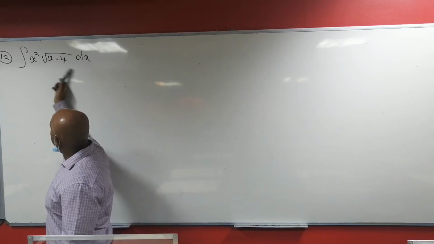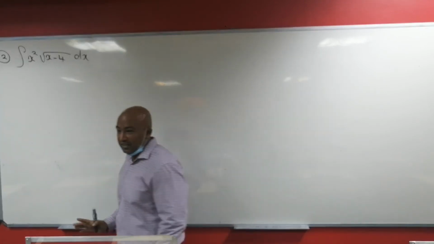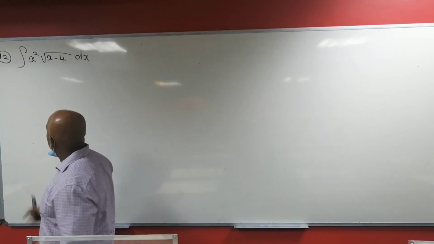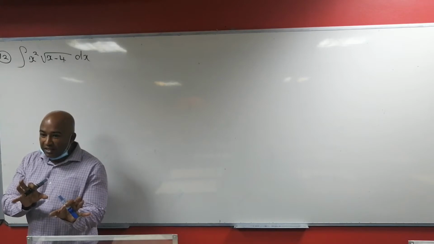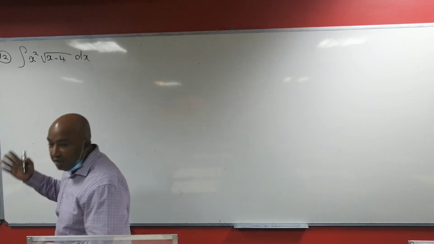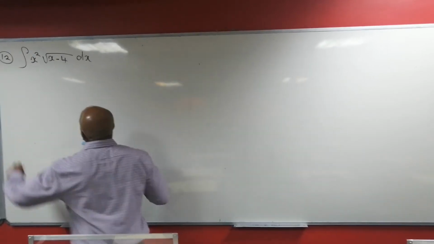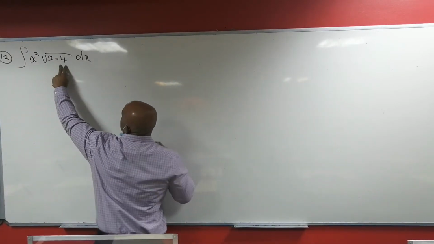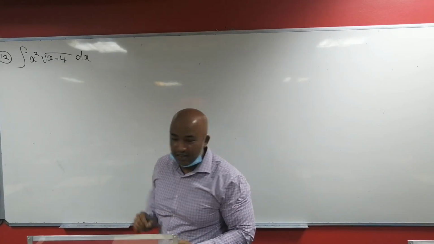So here you can see again, there's no exact derivative here. Although it's multiplication, one is not an exact derivative of the other. So you can't do it by inspection. So we have to make it work by using algebraic substitution. We use the letter u. So if there's a square root, let u equal what's inside the square root.